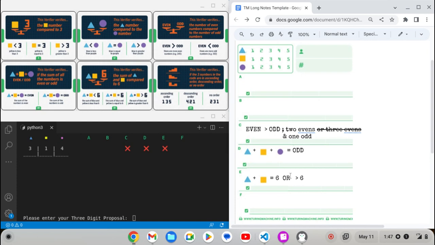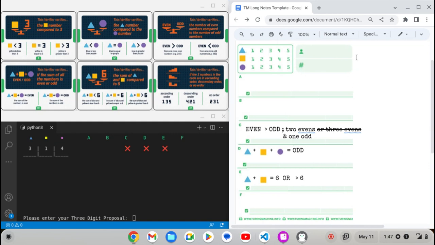Okay, so let's see, if that is the case, can I eliminate any possibilities? Actually, I don't think so, because I still can have 1 and 5. That would equal 6, or similarly 5 and 1. So that doesn't really eliminate any possibilities.